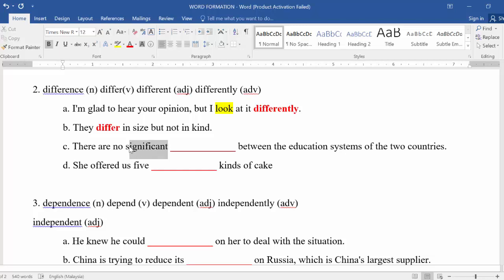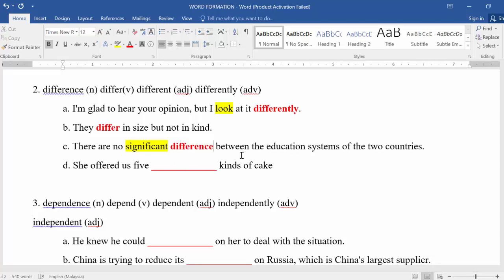Okay, highlight this word, adjective. Significant is an adjective. Important, big, large, right? They are all adjectives. So after an adjective, the word usually tends to be a noun. Okay, so there are no significant, and we need a noun.